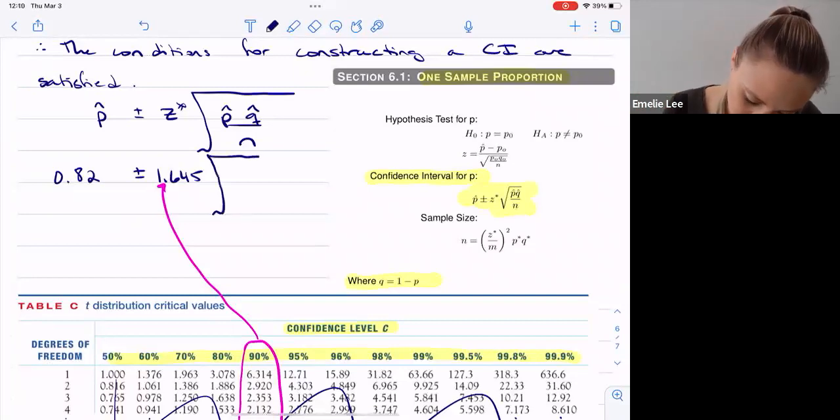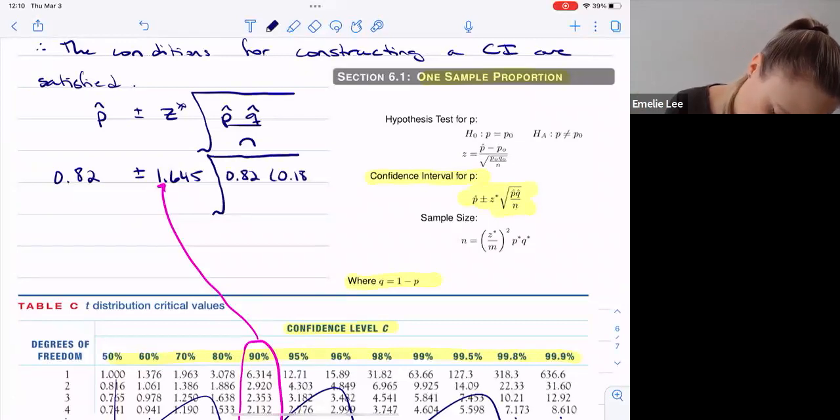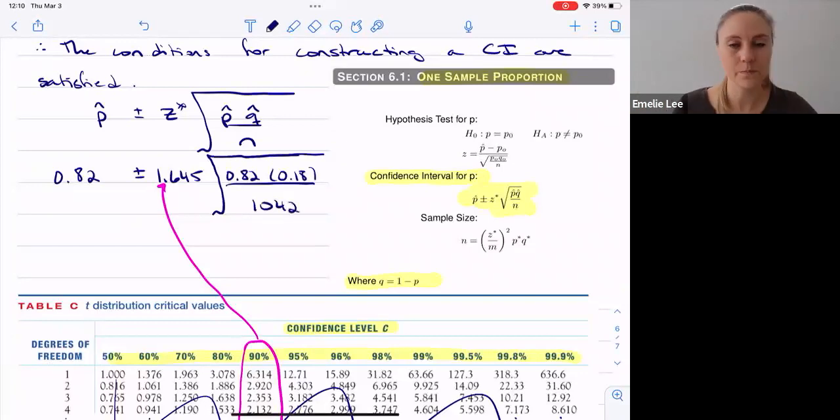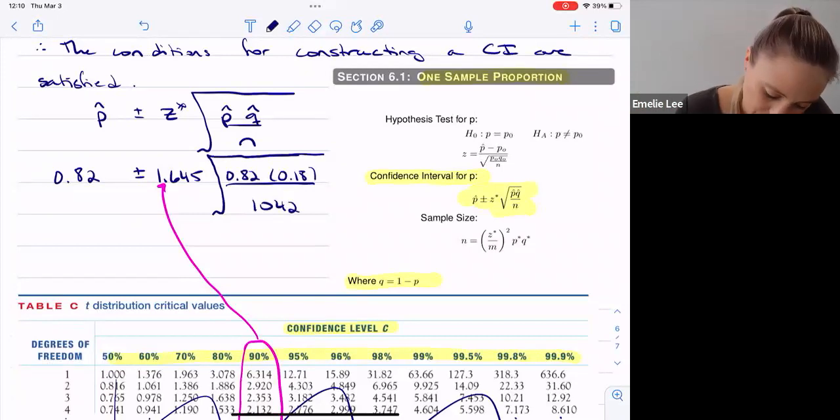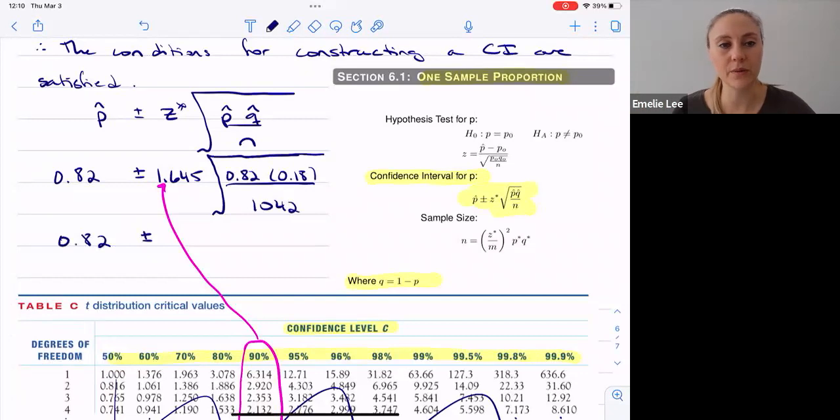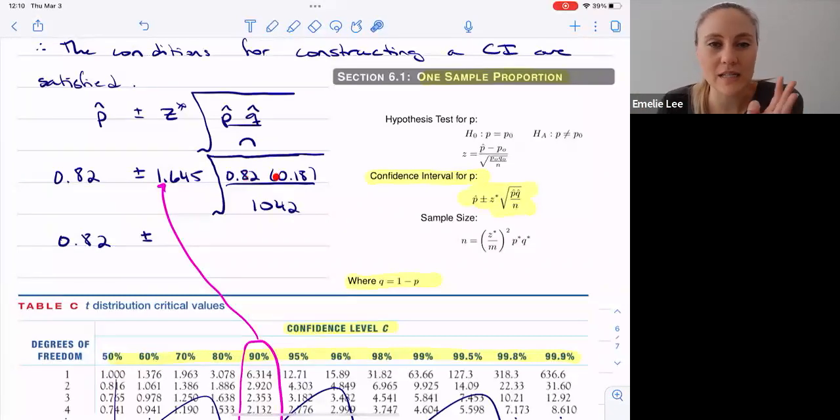Times the square root of 0.82 times 0.18 divided by 1,042. So if I just plod through this here, I'm going to do the 0.82 times 0.18 first, then I'm going to divide by 1,042, and then I'm going to take the square root.